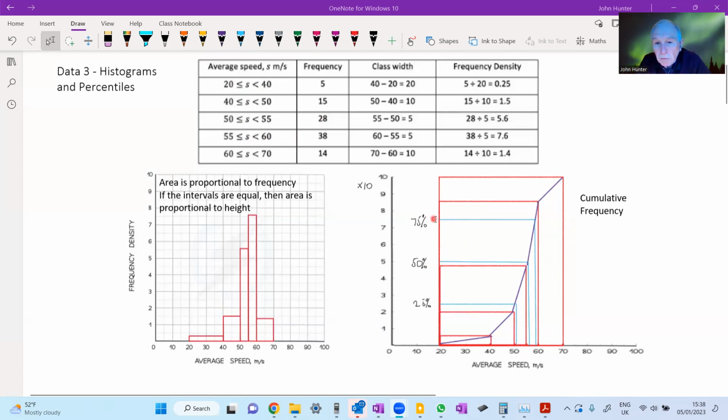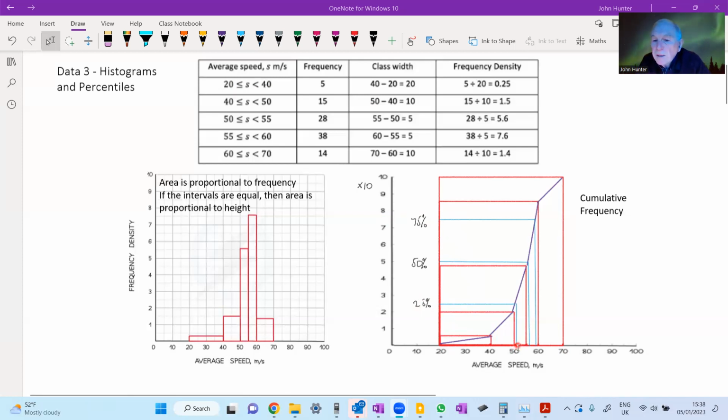We can also look at the other percentiles as well, the 10th percentile or the 90th percentile or whatever. Most commonly we look at the quartiles. So the lower quartile would be 25%. Here it looks like about 51, doesn't it?